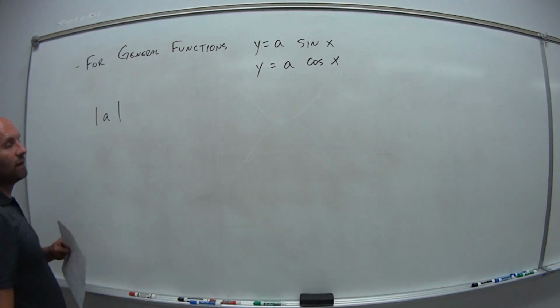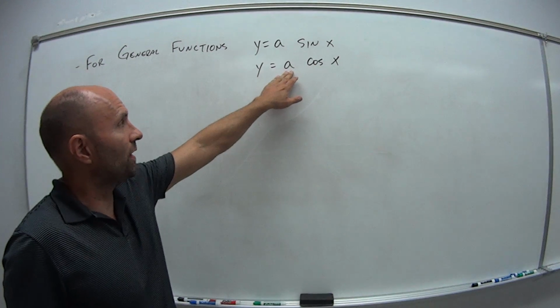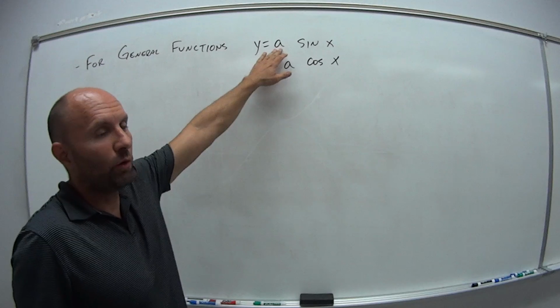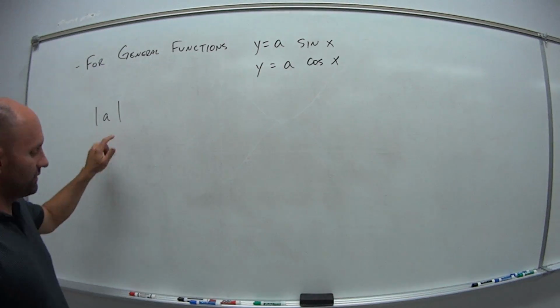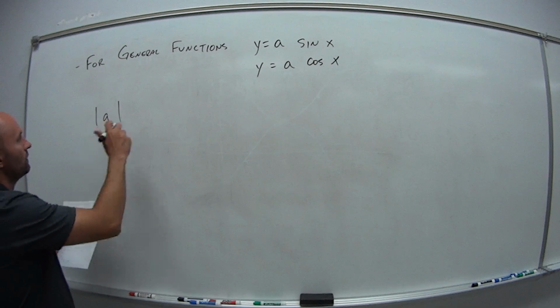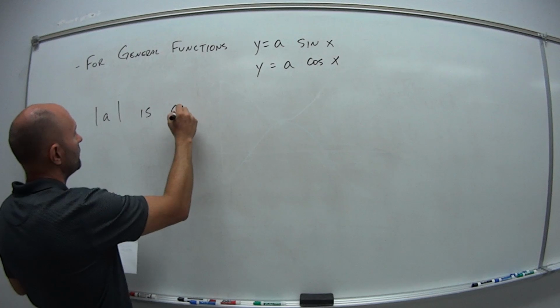If we take the absolute value of whatever the value of a is, so this could be plus 1, it could be minus 1, plus 2, minus 2, if we take that absolute value, the absolute value is called the amplitude.